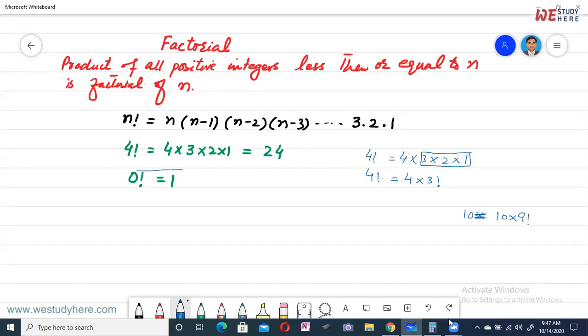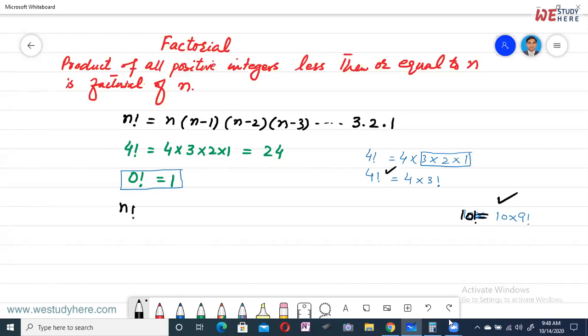Now we will discuss how 0 factorial is equal to 1. In the same way, 10 factorial is 10 into 9 factorial, or 4 factorial is 4 into 3 factorial.